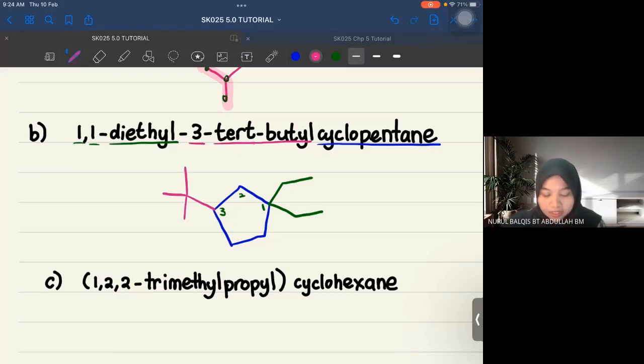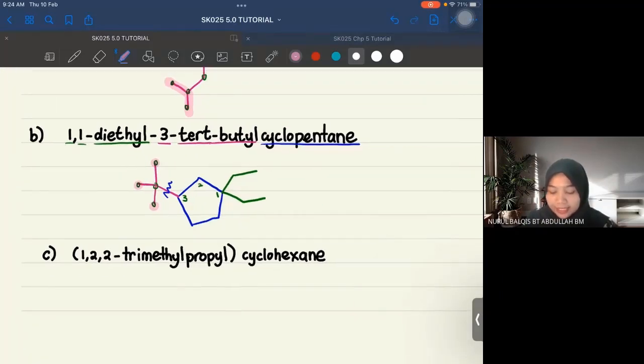Okay, this is your tert-butyl. We have a total of 4 carbons. And this carbon directly attached to the parent chain has 3 alkyl groups attached to it. That's why the name is tert-butyl. Okay, boleh ikut lagi? Boleh, Miss.